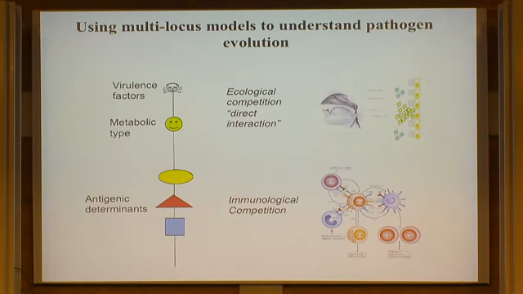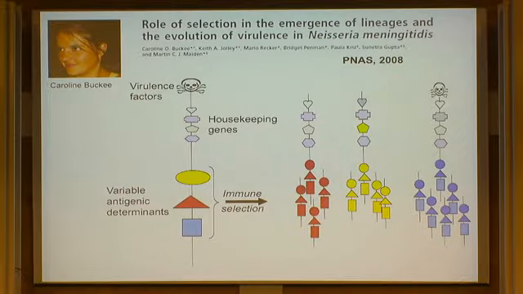So if you combine these into a model, and this is work by Caroline Buckee, which we published in 2008, you first get immune selection, sorting the system out into different non-overlapping clusters of antigenic genes, but then within each of these antigenic islands, if you like, you get competition between the metabolic types.